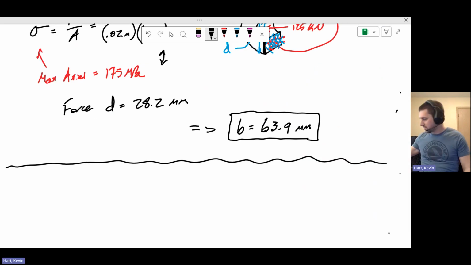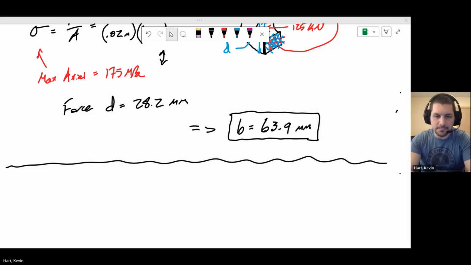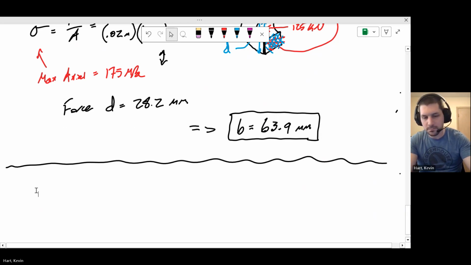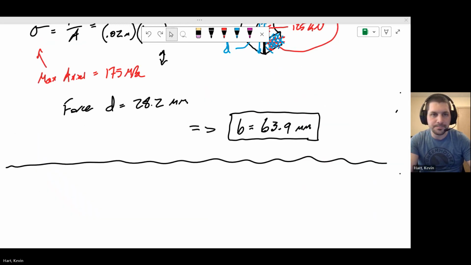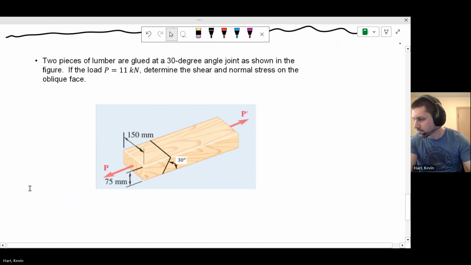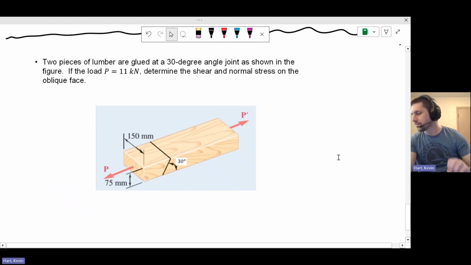And this next example is stress on an oblique face. Okay, so this comes from slide 10. I'm going to go ahead and copy the problem here. Okay, so here we go.